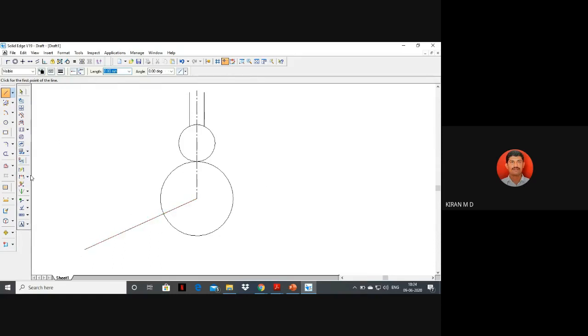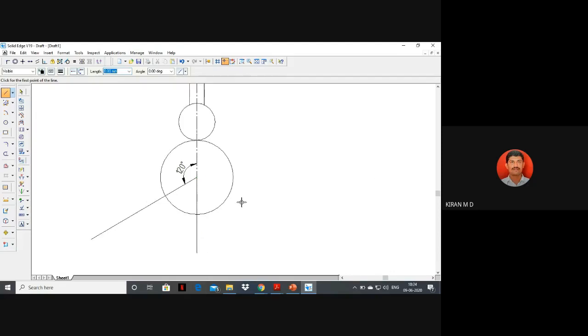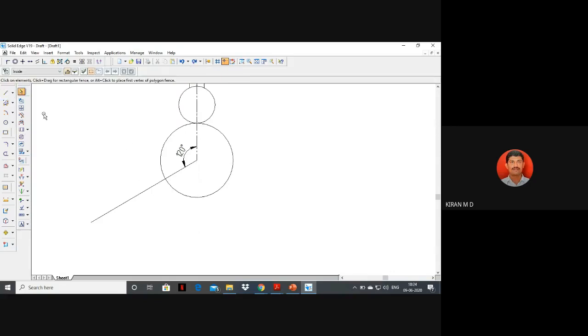So the angle between these two is 120. Again another 60. So I hope it will come here only. This angle is 60 degree. Again, one more line from this line, again 120 degree.